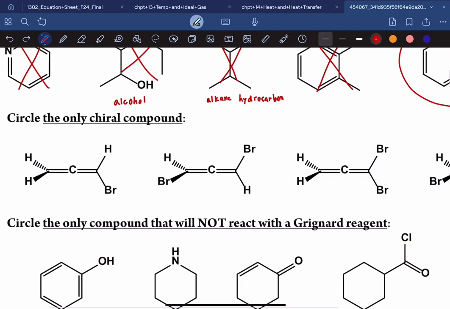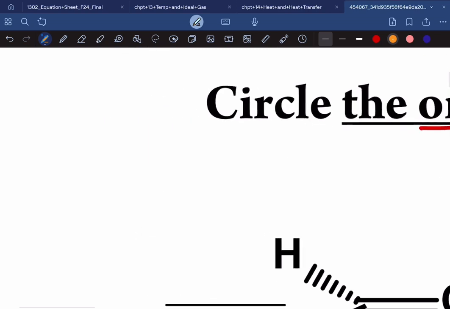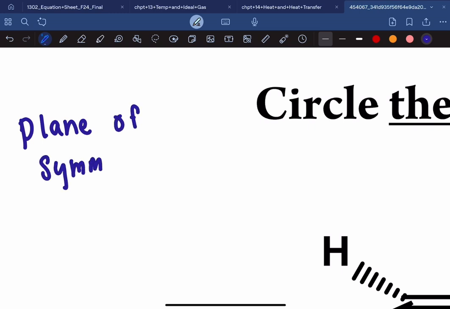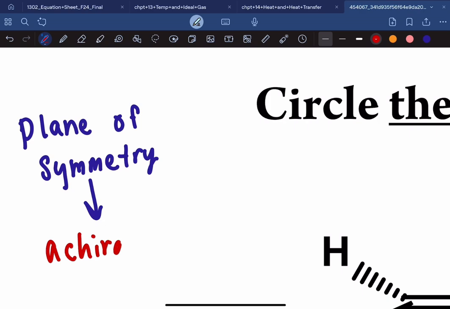Okay, now we're going to go on to the next one. Circle the only chiral compound. Be very careful. It wants you to circle the chiral one, okay? Make sure you know what you're looking for. So chiral compounds, let's write out what we're looking for. We know that if there's a plane of symmetry, immediately, we are in achiral territory, okay?